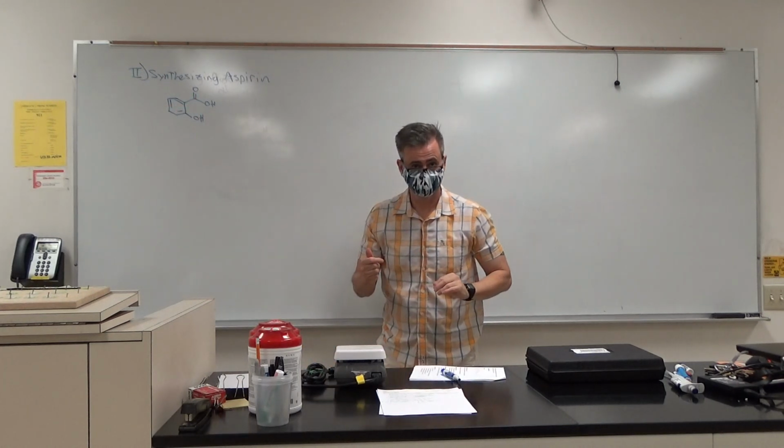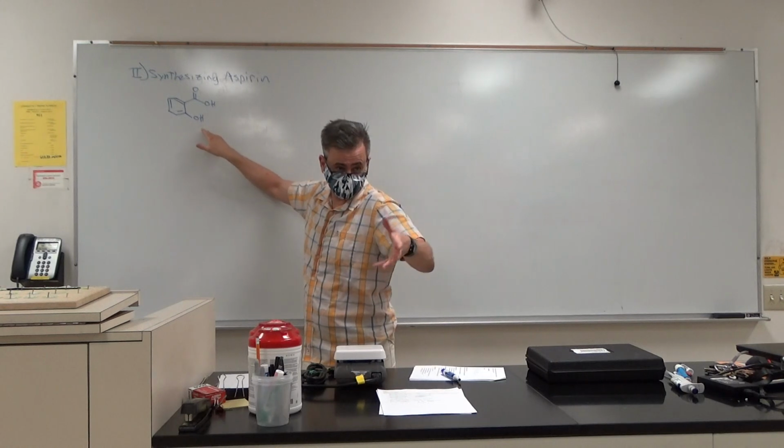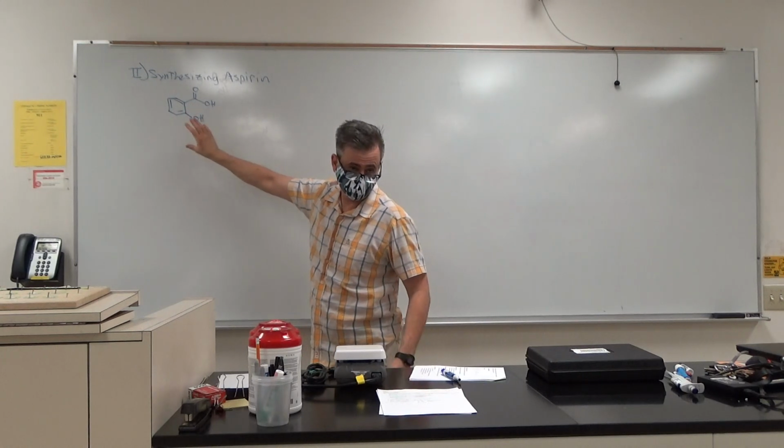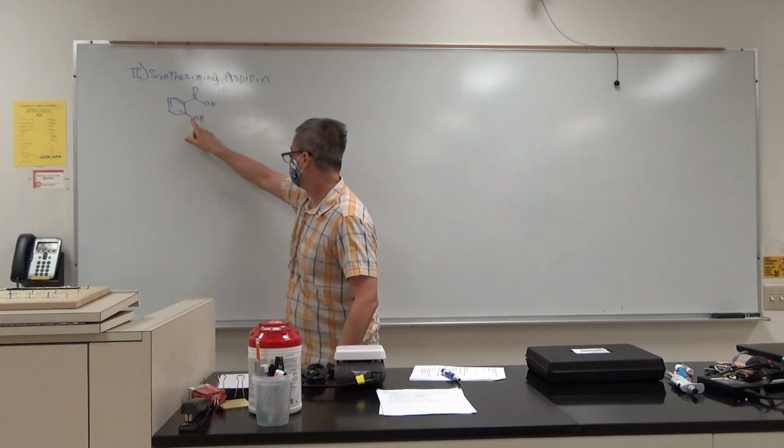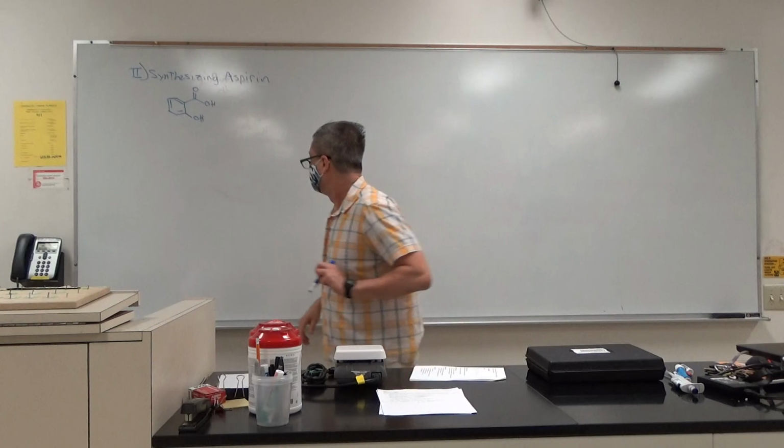Okay? Maybe I should specify that. At the end of the line with the OH, it's not a carbon. The line comes out and ends in space, but there's already an atom occupying that position, so it's not a carbon. Yeah, no carbon, that's just an oxygen. Okay, so 7. Everybody see it? Okay, great.